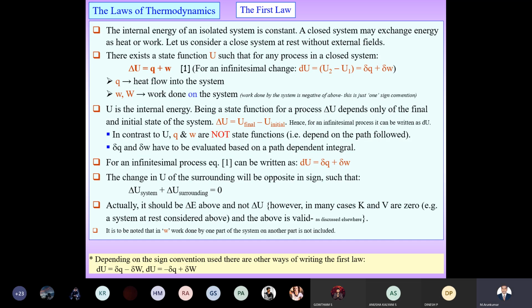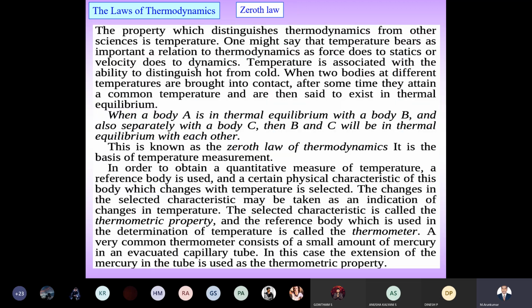You can click that URL to play the video, then you can understand it. The simple definition is just three lines. Go through that video and you can get more idea about the zeroth law of thermodynamics. Right, so we can stop here.